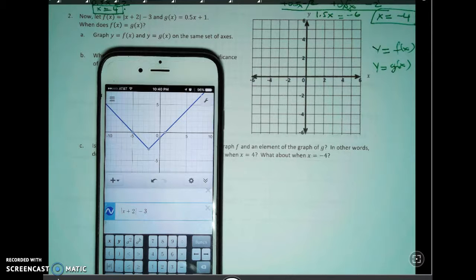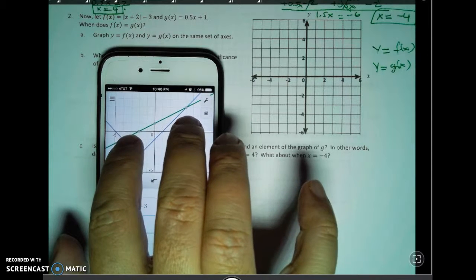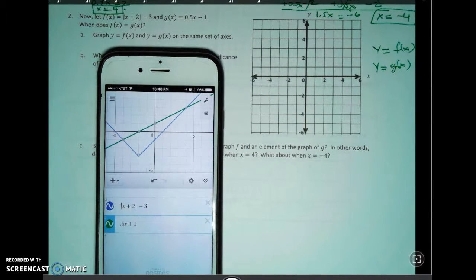That's the first function, and then I press enter and I plug in the other function, which is 0.5x plus 1. So now I have the other function. The first one is in blue, the piecewise function, because we have the absolute value, and the second one is in green, just the equation of the line. It's a linear equation.